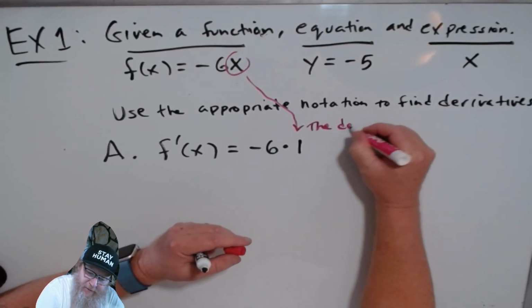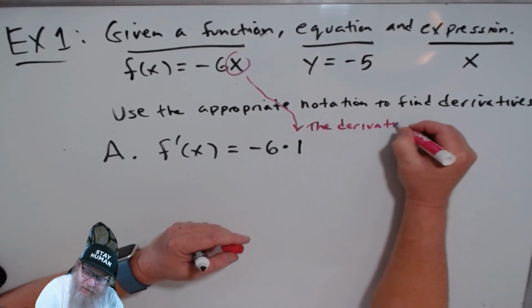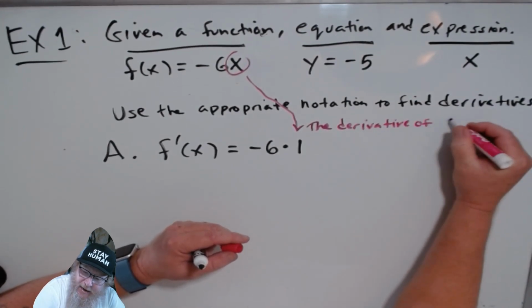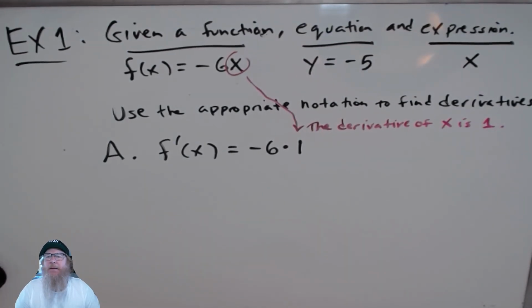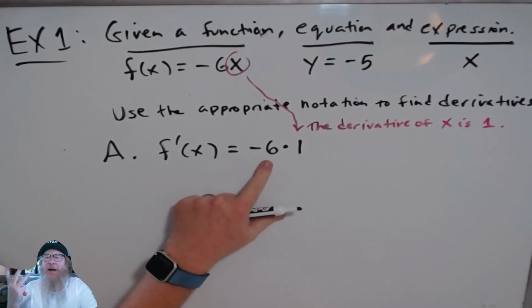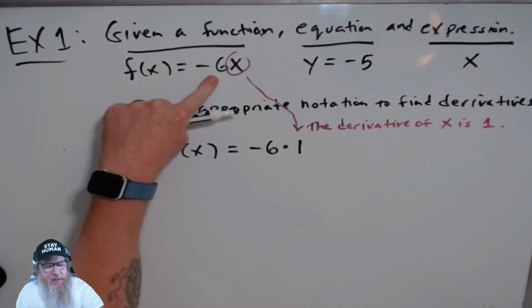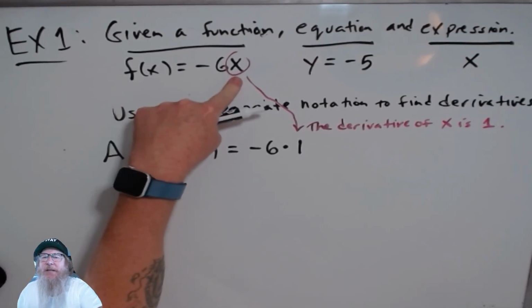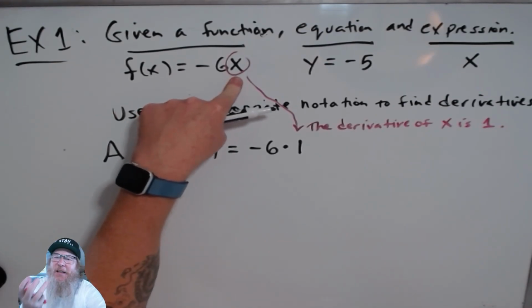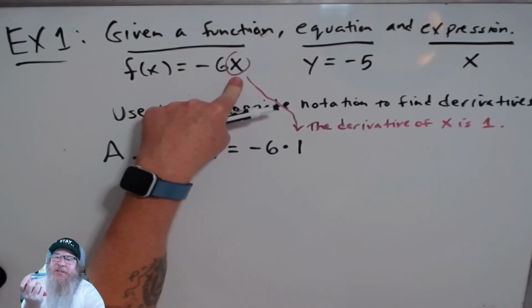The derivative of x is 1. So this is rule number 3, the derivative of a constant times a function. So this is negative 6 times x. You can think of the function as really just x.